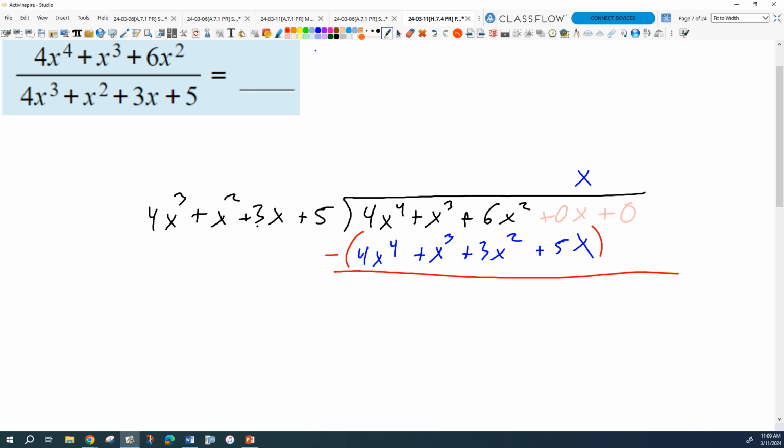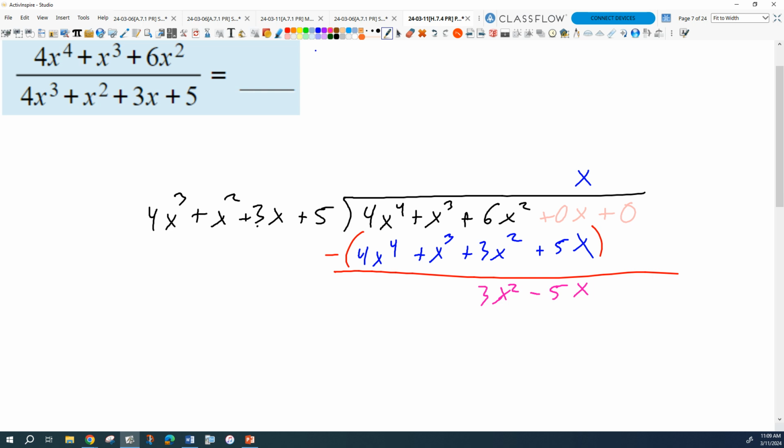And we get, they cancel. 6x squared minus 3x squared. 0 minus 5x. And then just 0, right? Which I don't need to write this time because that's my remainder, isn't it?